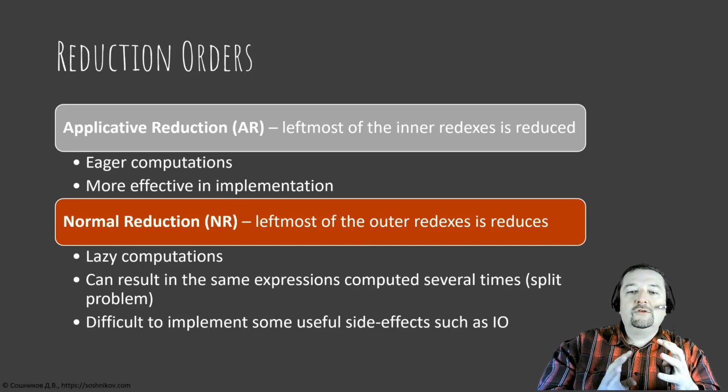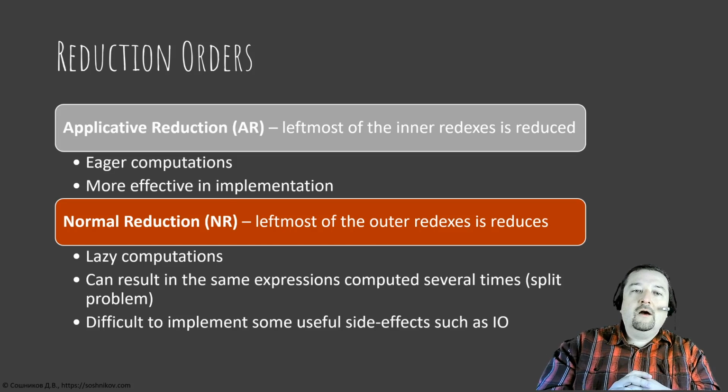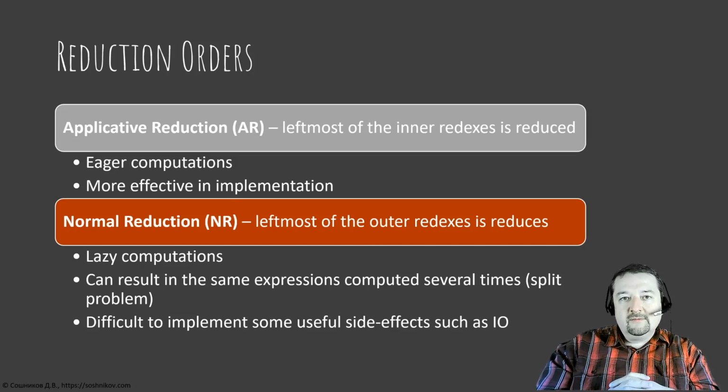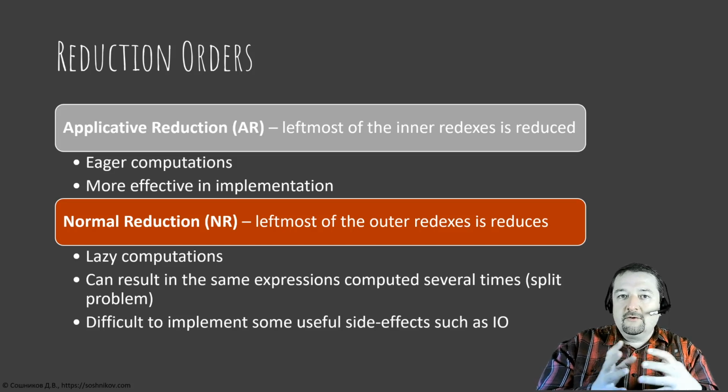The leftmost inner redex reduction is called eager computation, or also applicative reduction. And it corresponds to how normal programming languages behave. For example, in C, if you call a function, all arguments of the function are evaluated first. So this is eager computation. The same, by the way, is true for F#.